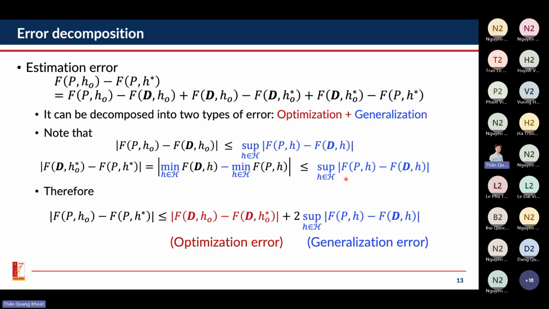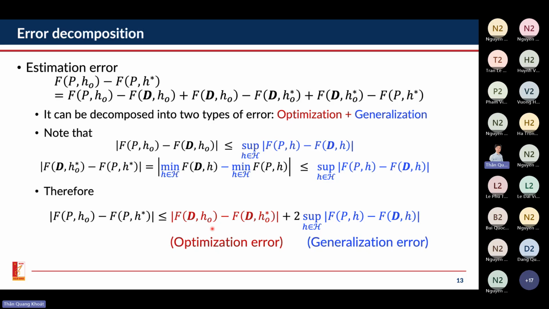And therefore, from the decomposition before, we can bound the estimation error to be at most the sum of these two terms. Whereas the first term, you can see that this is the difference between two models. One is the minimizer of the training error. One is our trained model, actually, right?